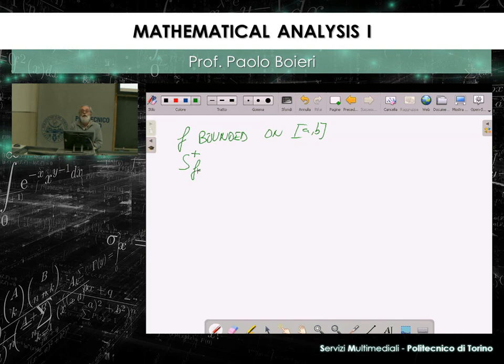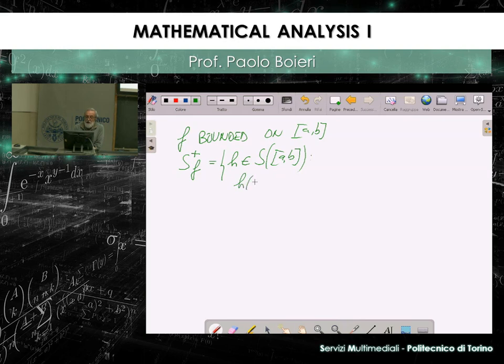What I'm doing now is the formal definition of what you saw before, the step function that is above the graph. And I say that in this set, I will put what? I will put a function h that is a step function, okay? A step function with this property.